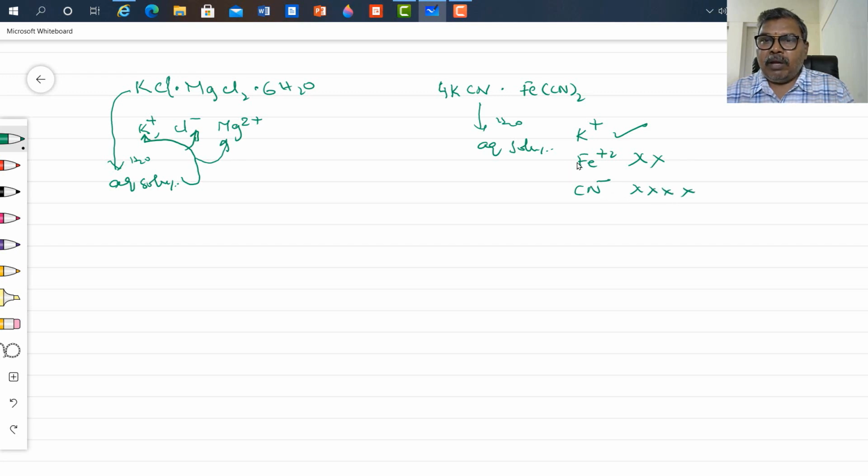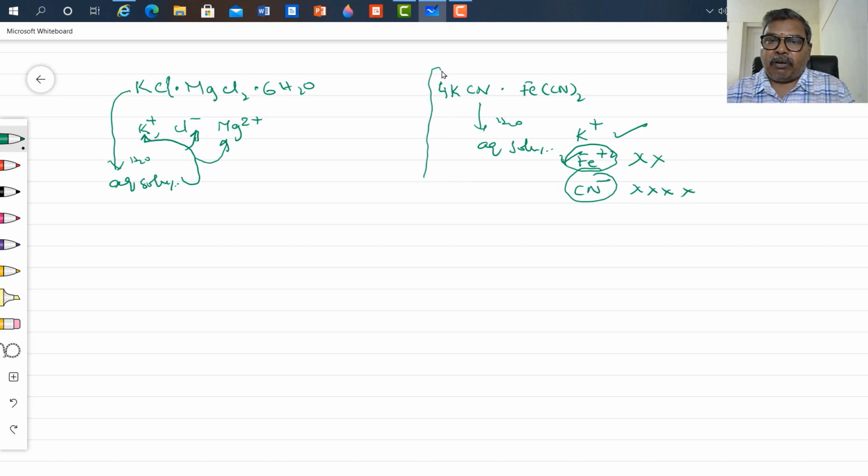So even though Fe2 plus ions and CN minus ions are both present in the compound, the solution does not respond to their identification tests.